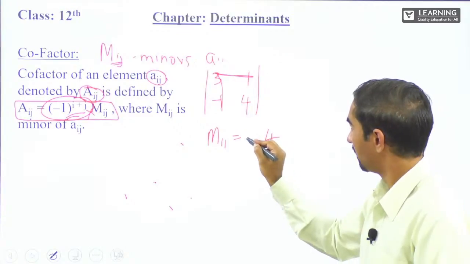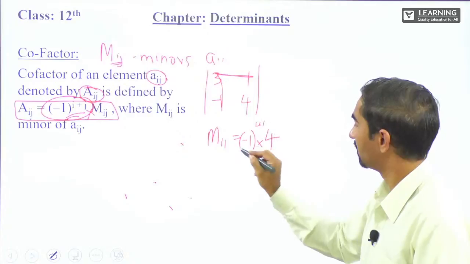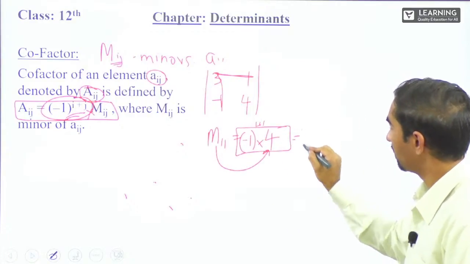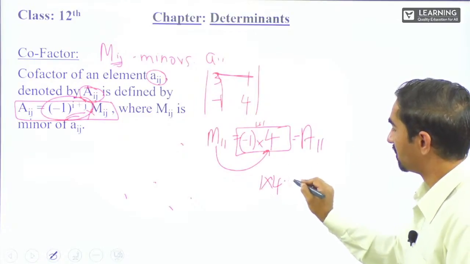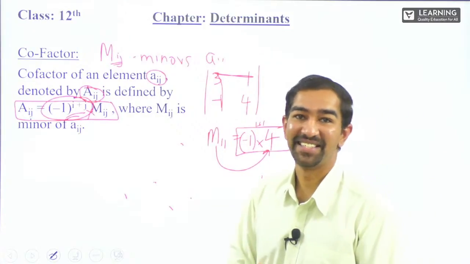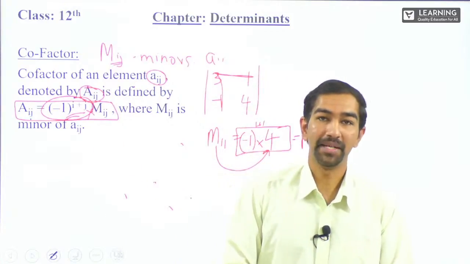So 4 into minus 1 whole to the power of 1 plus 1. So this is only the minor, students. When you consider this whole thing, it will become the cofactor A11, that is nothing but 1 into 4, which is equal to 4. Are you understanding this? Small aij is the standard way of representing the entries of a matrix.